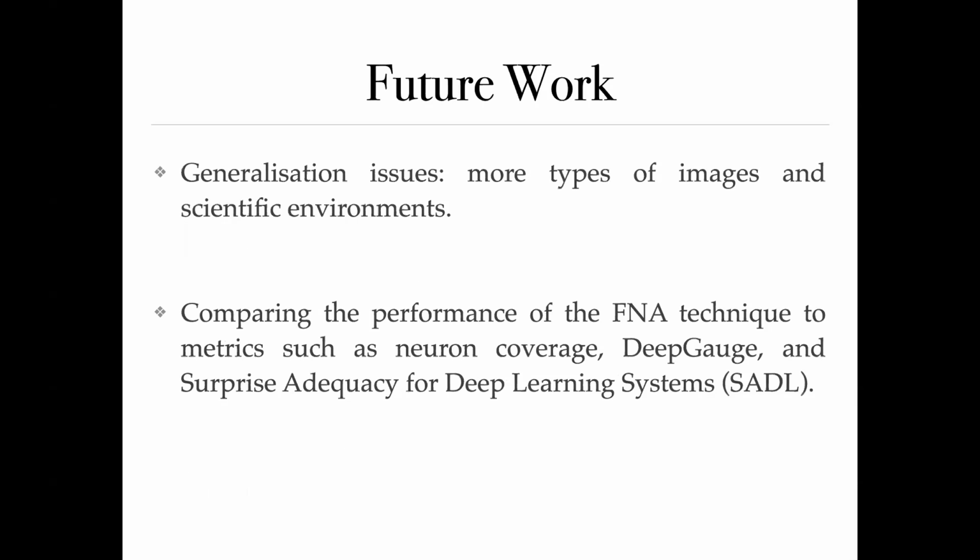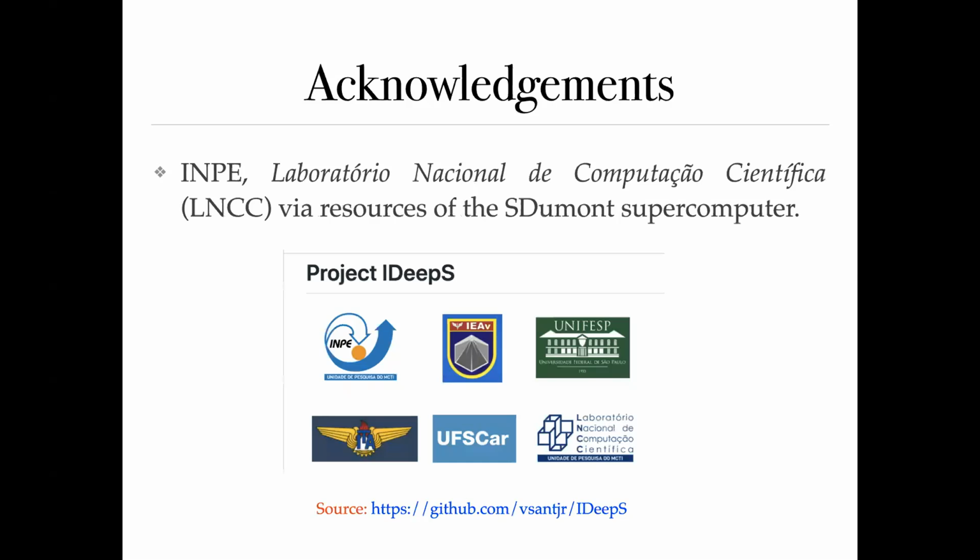In the future, we want to address the generalization issues. Of course, we need to consider more types of images in scientific environments, and we want to compare the performance of the FNA technique to metrics such as neural coverage, DeepGauge, and surprise adequacy for deep learning systems.